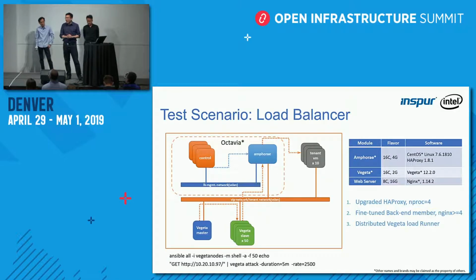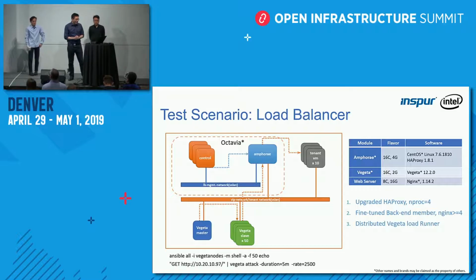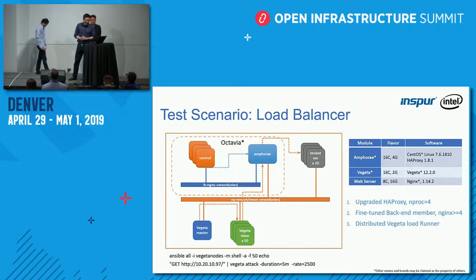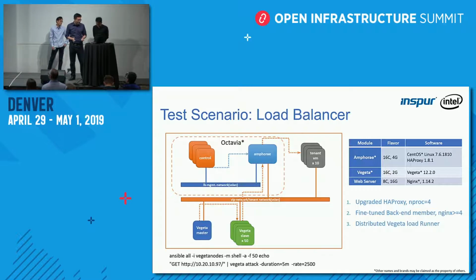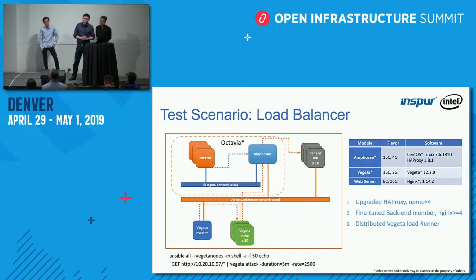In our latest ICOS version, we also enable Octavia as our load balancer service. And to establish the performance baseline, we used distributed VDbench as a workload runner, and fine-tuned Nginx instances as pool members.